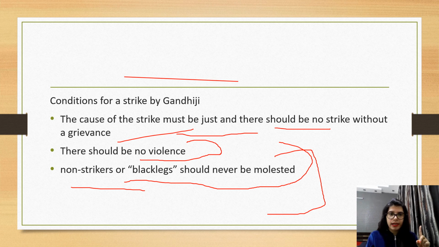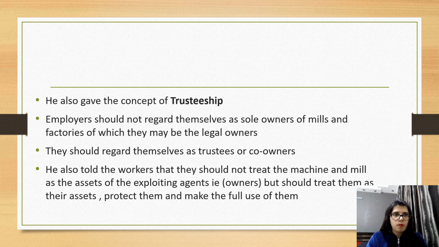So non-violence, and non-strikers or blacklegs should not be molested, and the reason for the strike should be just, and there should be no strike without a grievance. So this is our Gandhian approach. As told before, he has also given the concept of trusteeship, in which he has given the concept of co-ownership of the assets of the organization.